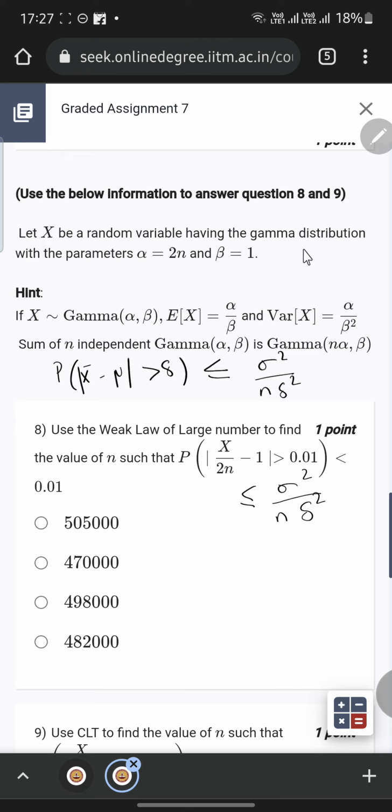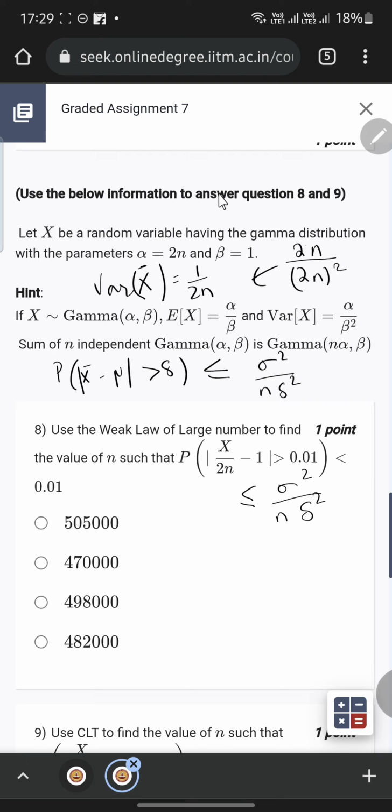So the variance would be 2n upon, since beta equals 1, but there are actually 2n number of entities, 2n square. So this will be simplified to 1 by 2n, right? So the variance of basically n number of independent gammas would be 1 by 2n.